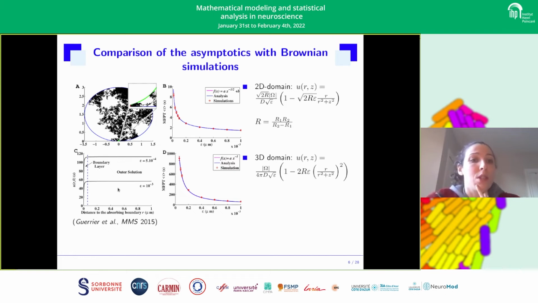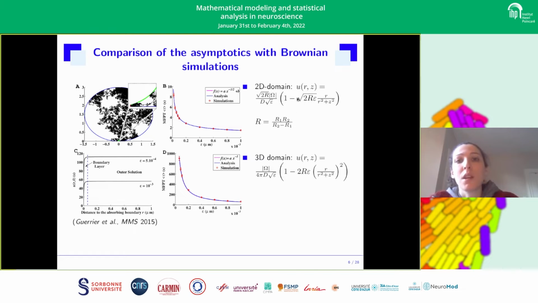Okay, so this is the shape of the solution. So what does this result mean? It means that if you're far away from the boundary here, this term is going to be extremely small, okay? And this term is going to be the leading order term in square root of epsilon. So the time it takes for a Brownian particle that starts somewhere outside of the boundary layer is constant.